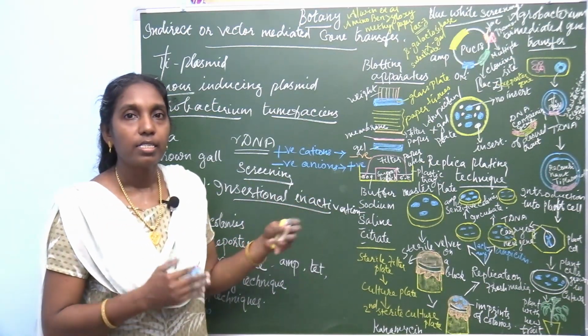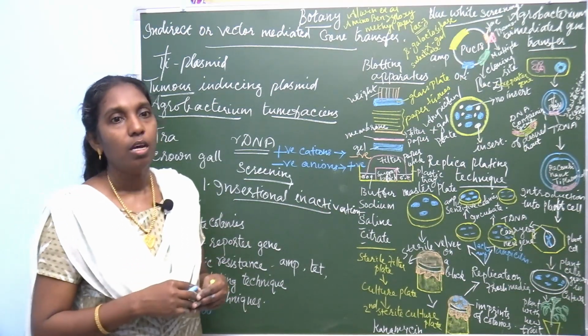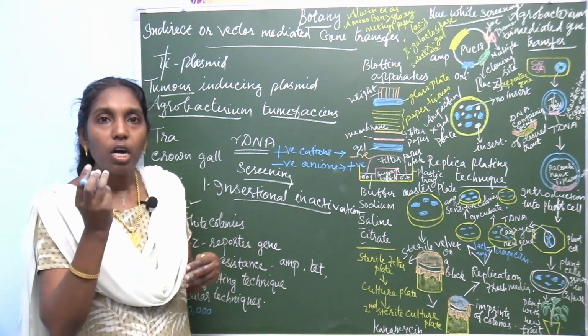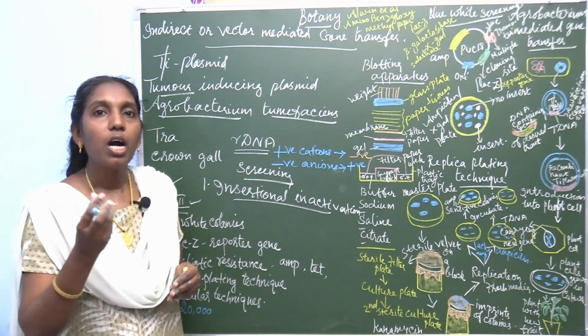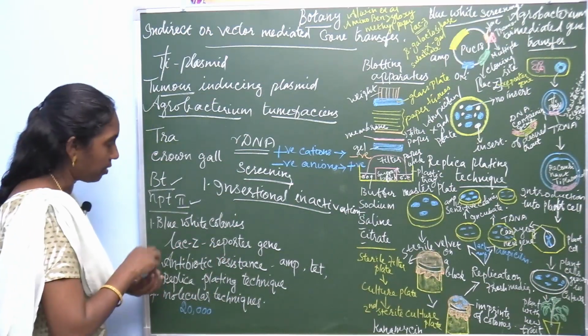Here a dye is used for the smaller DNA molecules. To detect the smaller DNA molecules, polyacrylamide is used.